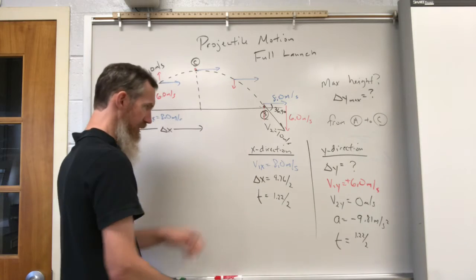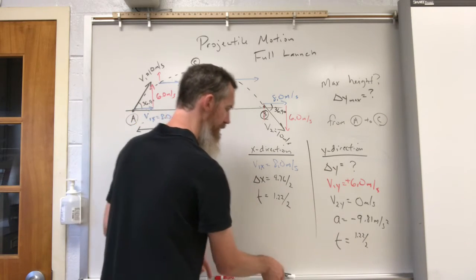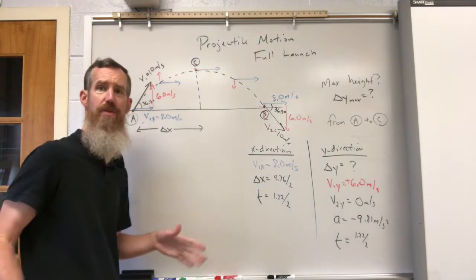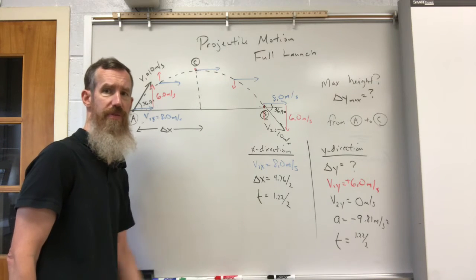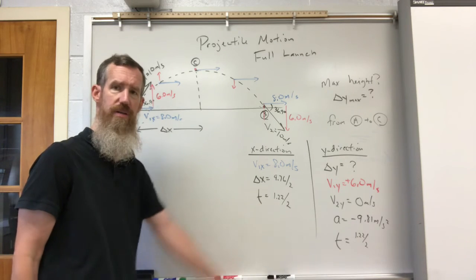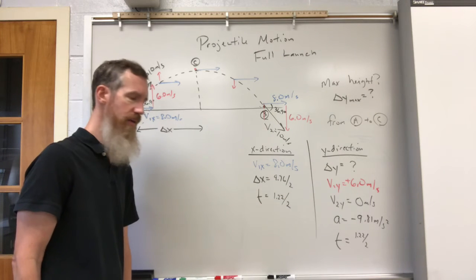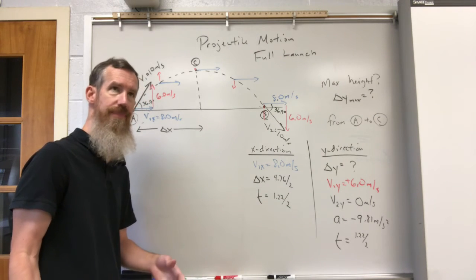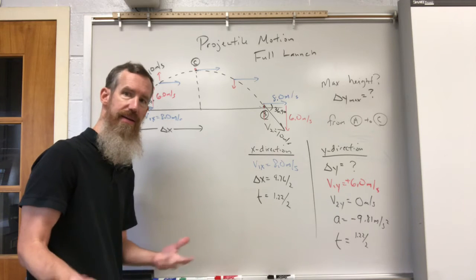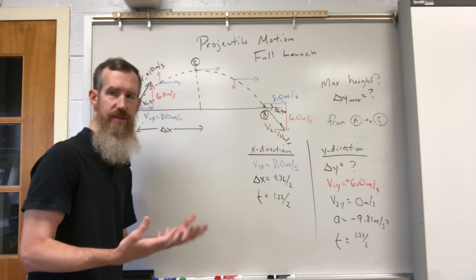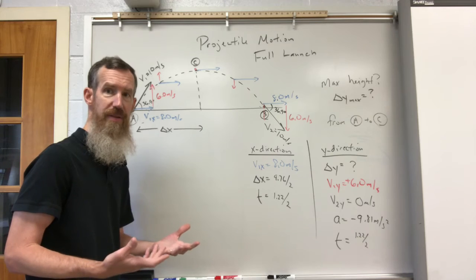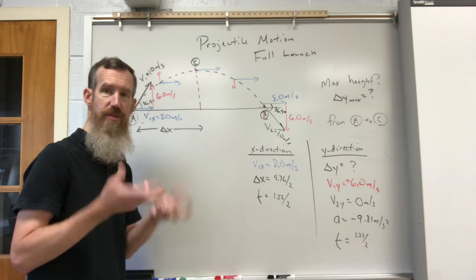I also happen to kind of know the time from the last part of the problem. Although, I'm not going to use these bits of information from the last part to answer this max height question, because what if I did those wrong? What if I messed that up? If you can use less manipulated data to find your answers, then use the less manipulated data. Try to use as much original data as you can.